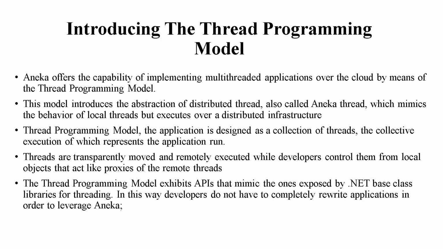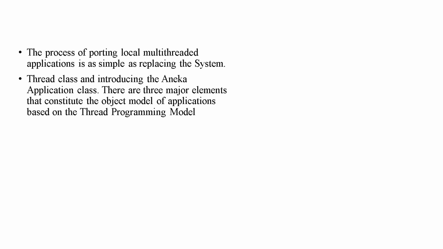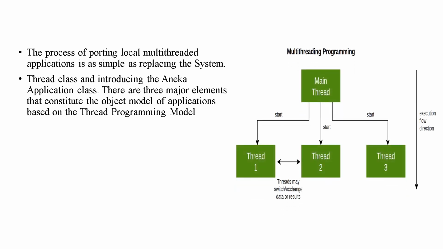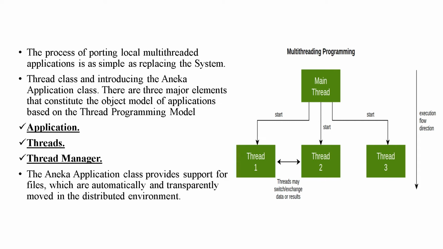There are three major elements that constitute the object model of an application based on the thread programming model: application, threads, and thread manager. Application is the class that represents the interface to the Aneka middleware, and it constitutes a local view of the distributed application.